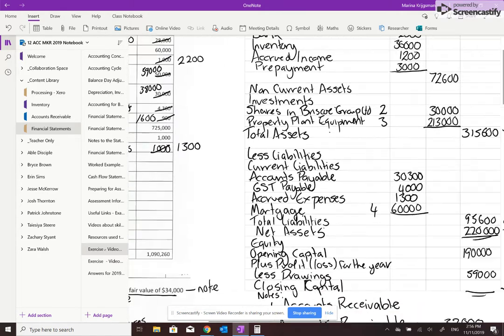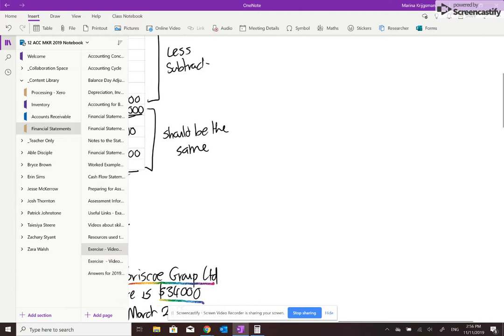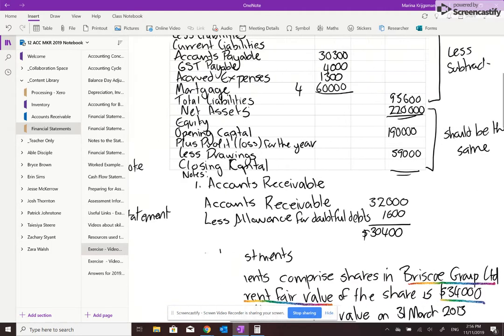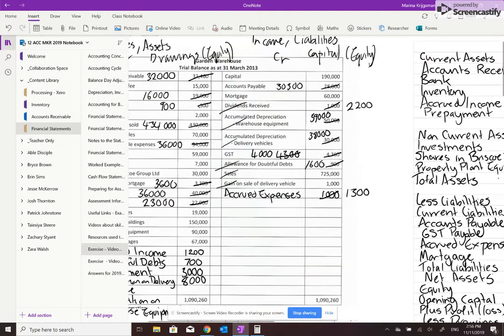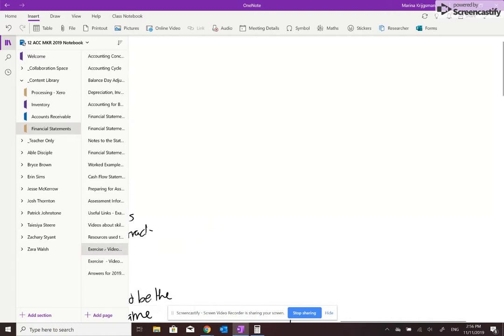So a total income is 728,200. So just put that over here. Well, actually, we could do a rough income statement. So we would have started with sales of 725,000.